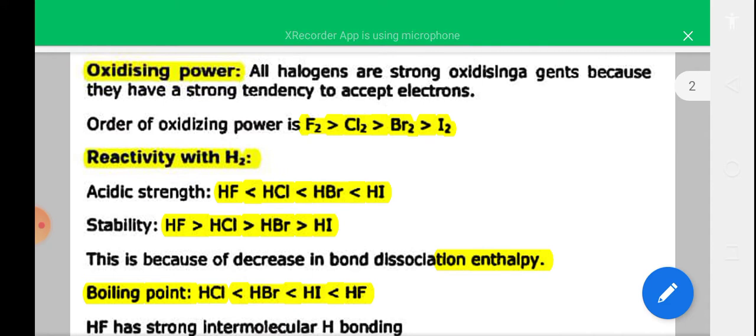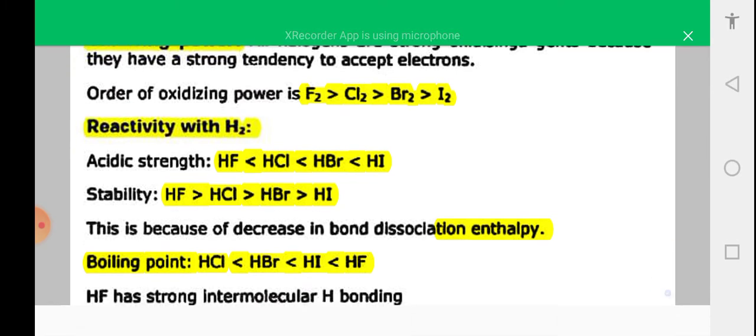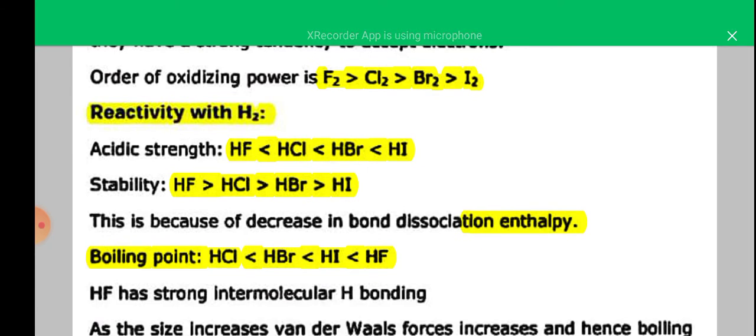Now reactivity with hydrogen. All halogens form hydrides like HX. Different halogens form different hydrides like HF, HCl, HBr, HI. Now see acidic strength of different hydrides of group 17 elements, that is HF, HCl, HBr, HI.